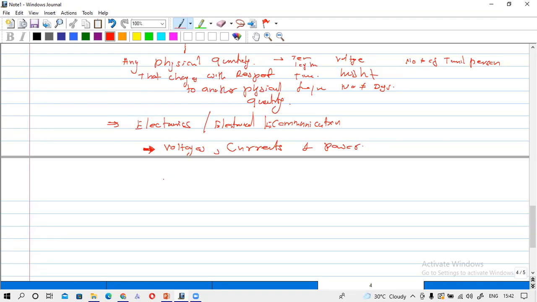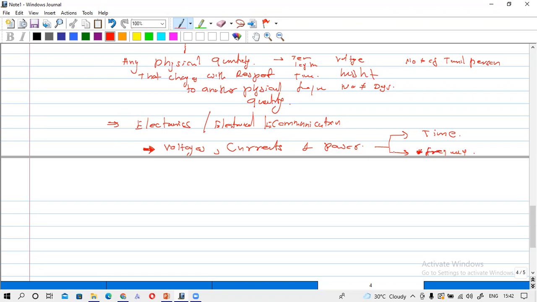So this voltage, current, and power can be changed according to the time. And in future you will learn that this can be changed according to the frequency. Sometimes you may not understand these things, so we will see it later.